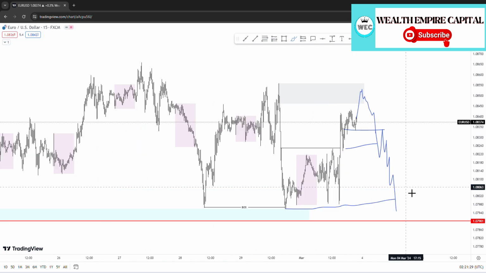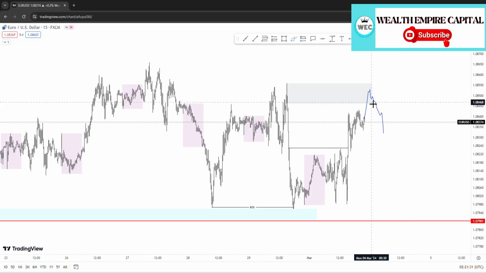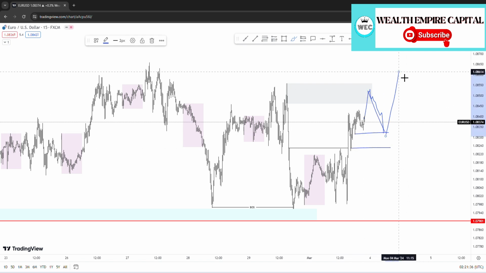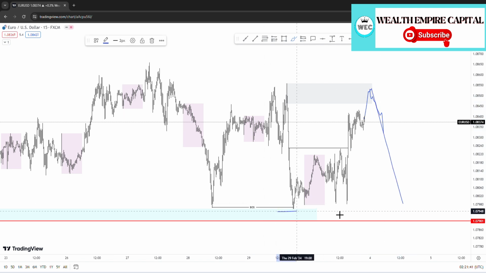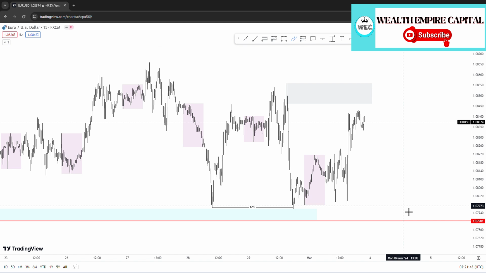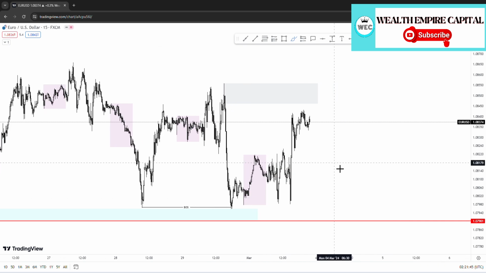So these are the first two scenarios: respecting the POI, coming down, respecting another POI, pushing up to break; or respecting the POI, dropping, to fulfill that bearish flow. Then another scenario is we may not necessarily respect this, but price may just open and then break.